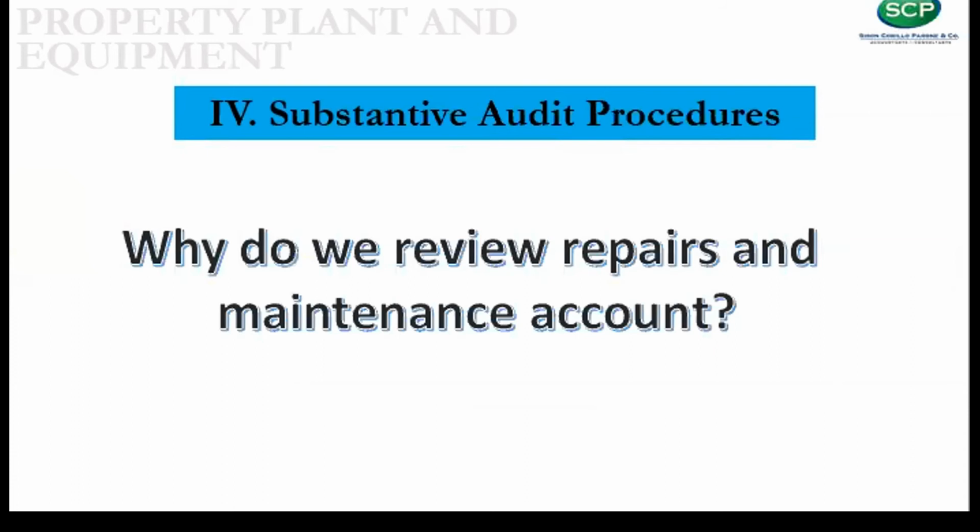We all know that repairs and maintenance should be charged to profit or loss. So why do we need to review repairs and maintenance, and why do we have to know the accounting rules on what cost should form part of fixed assets and which cost should be expensed?